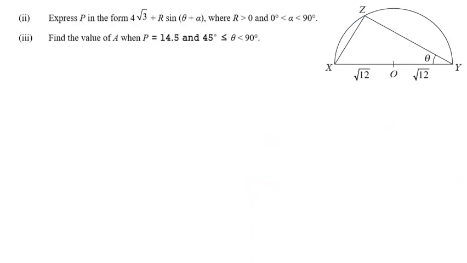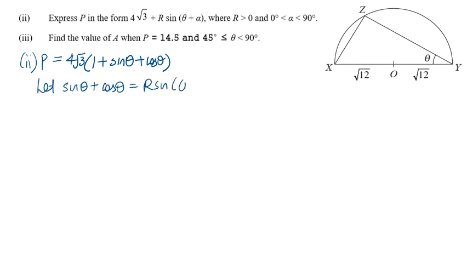All right, so second part is easy already. Why easy? Okay, because second part you can just basically apply the R formula. Right, so we're going to let this equals to R sine.